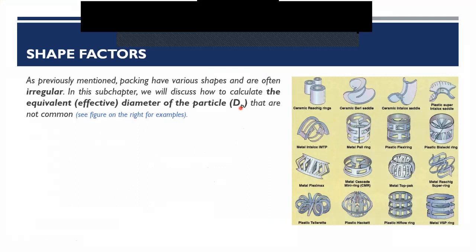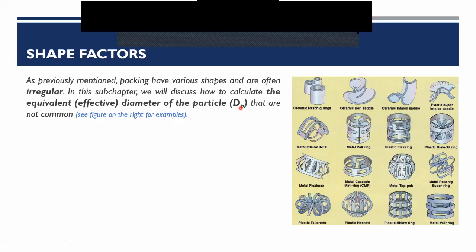Okay, so the next subtopic is about the shape factors. As I previously mentioned, the packing comes in various shapes and is often irregular. If it's a disc, a sphere, or a cylinder, it's easy for us to find the surface area and the volume.